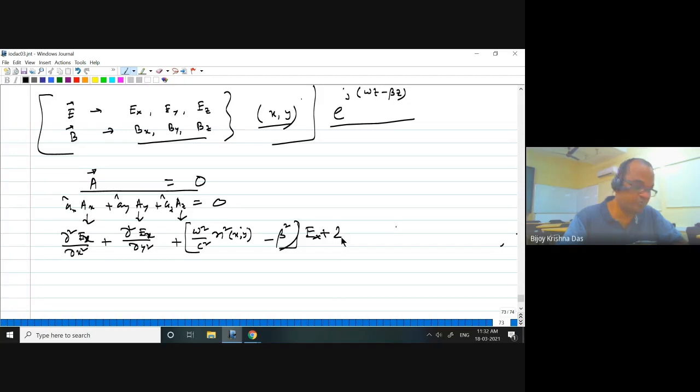So we have 2 times del x, only the x component I am talking about, Ex del ln n xy divided by del x plus Ey del ln n xy del y, and close, that should be equal to 0.